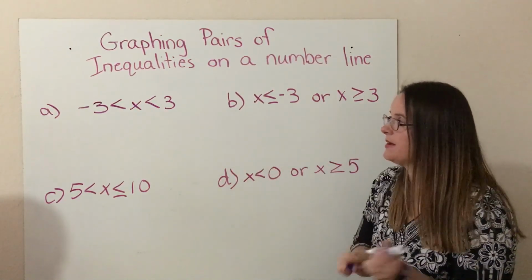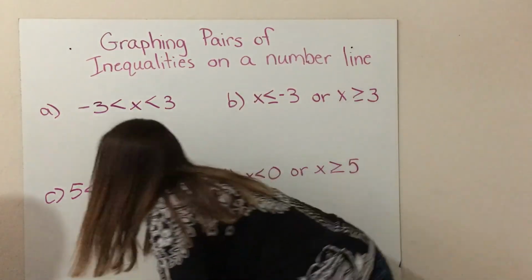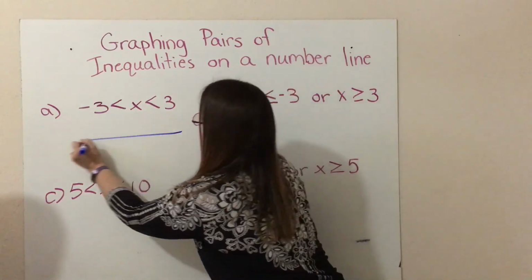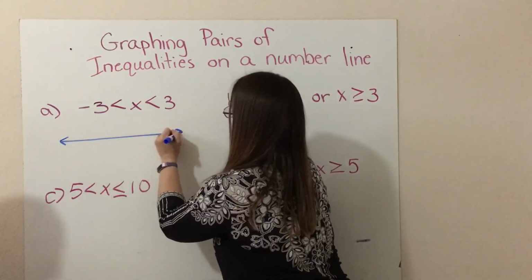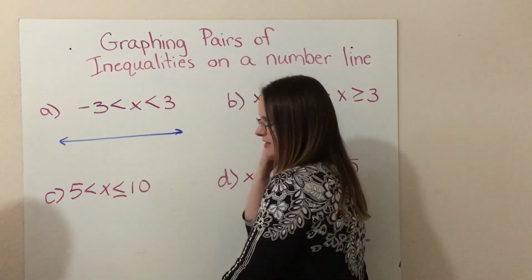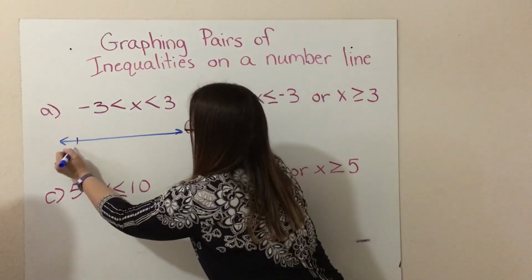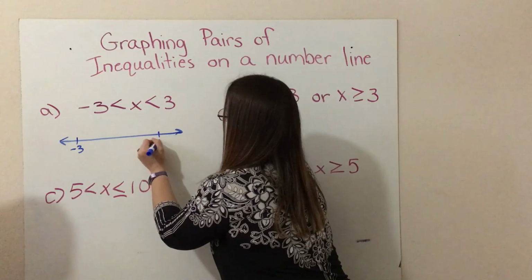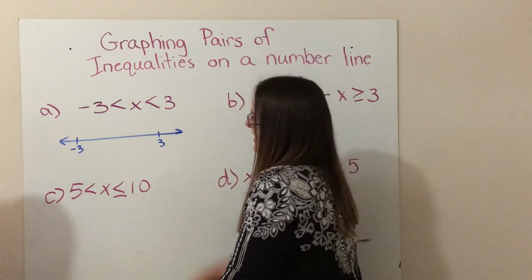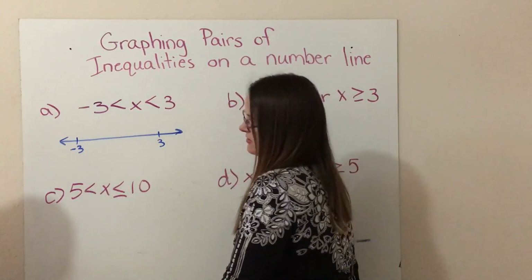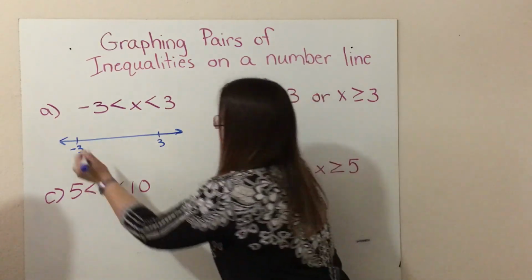So, for problem A, we want to have our number line. What numbers am I going to label on the number line, Kalan? Negative 3 and 3. I'm going to label negative 3. I'm going to label 3. And should negative 3 be an open dot or closed dot? Open dot.